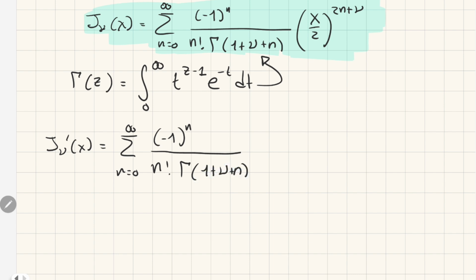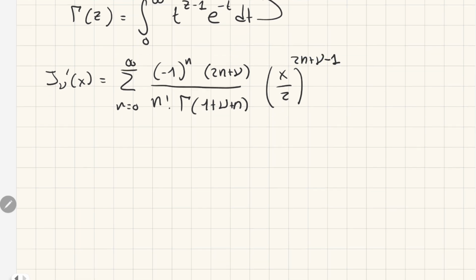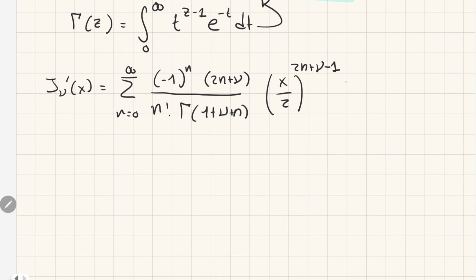And then here we are going to take the derivative of this, right? Because here is the dependence on x. So we will get (2n plus nu), then (x divided by 2) to the 2n plus nu minus 1. And then due to the chain rule, we need to multiply by 1/2.